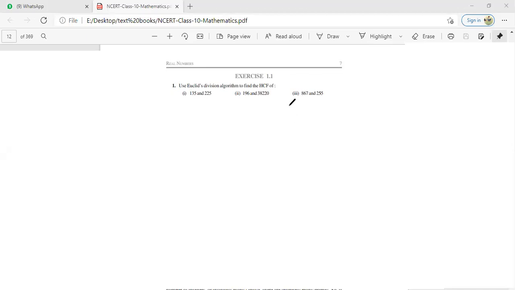867 and 255. So here A will be equal to 255 and B will be equal to, this is the third question, B will be equal to 867.